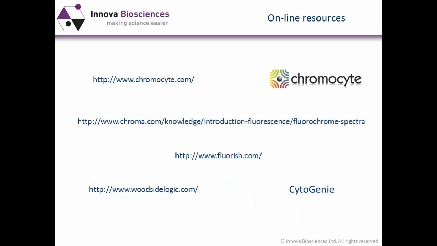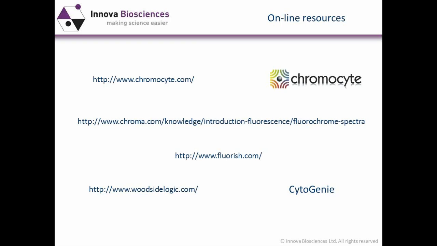I've mentioned some online resources, and I was just going to highlight 3 or 4 sites that I find particularly useful in this respect, that many of you may be aware of, and all of these are certainly worth looking at when you're thinking of designing your flow cytometry experiments.